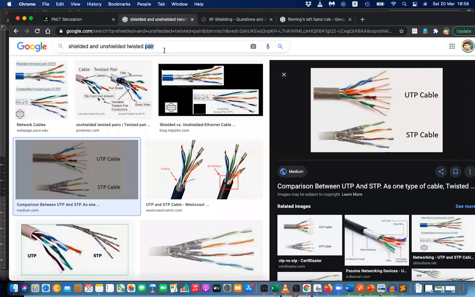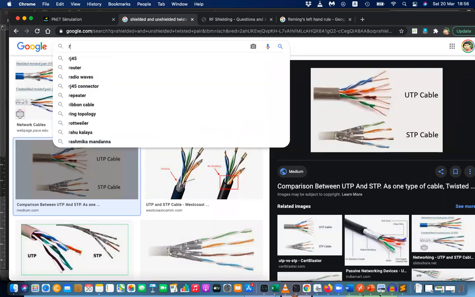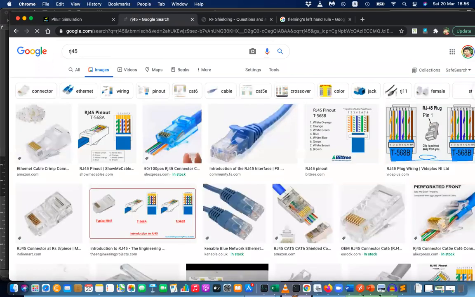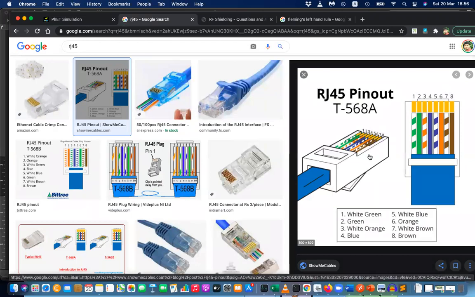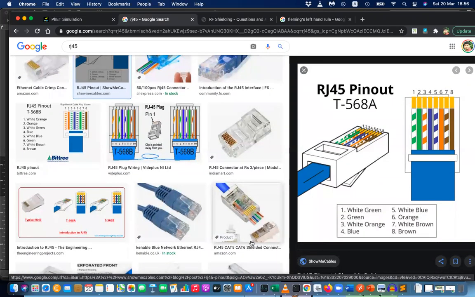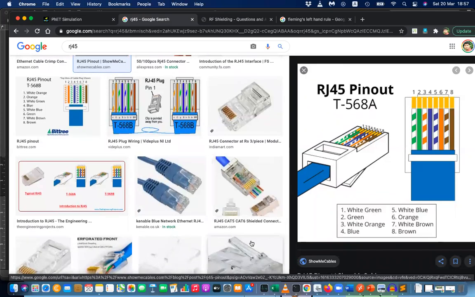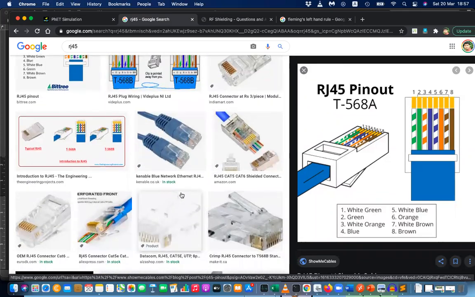So here this is RJ45. RJ45 is similar to a telephone cable, telephone port. This is the RJ45 connector, and this is how these colors are in the RJ45 connector. This is how the colors and the cabling part is done. There are two wiring techniques.